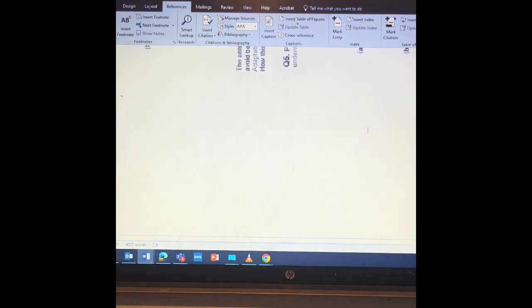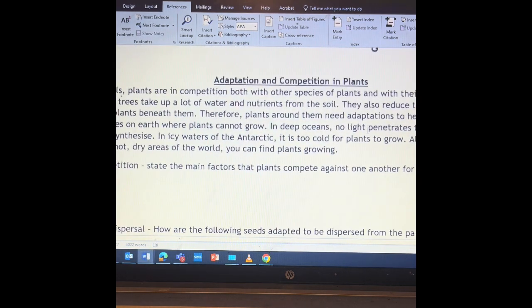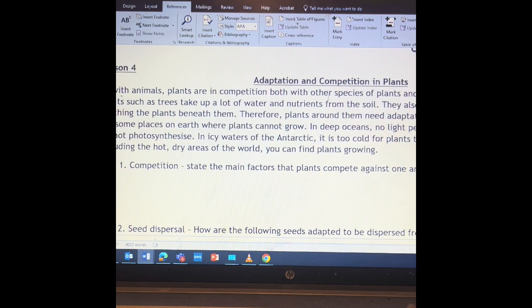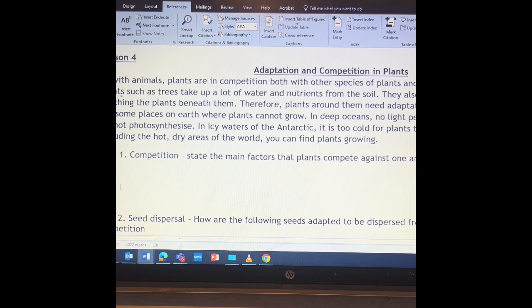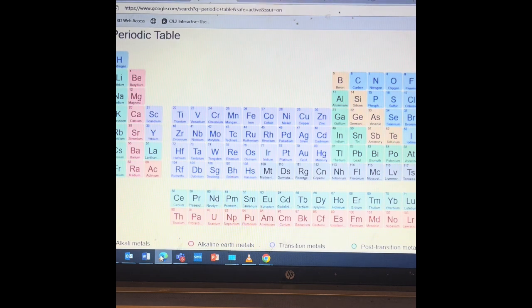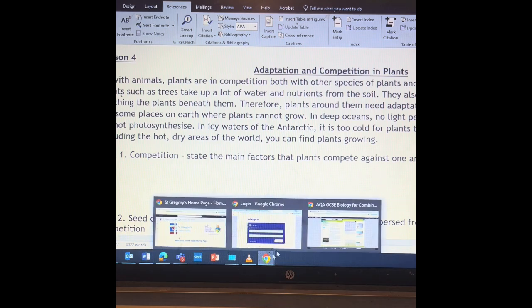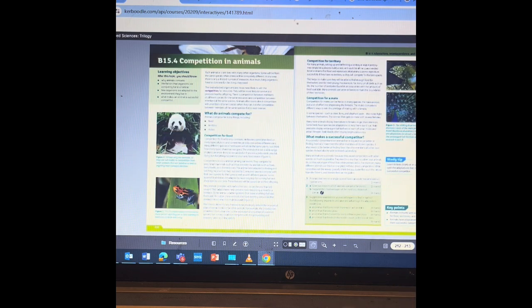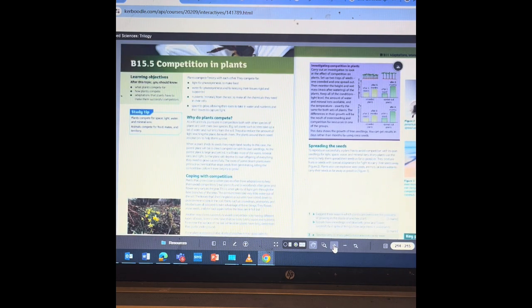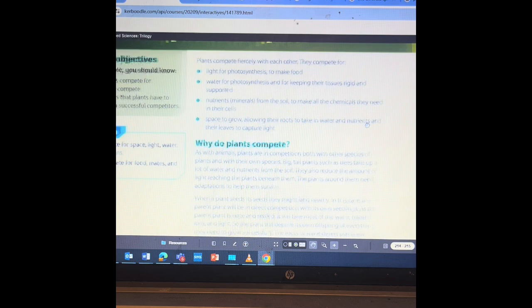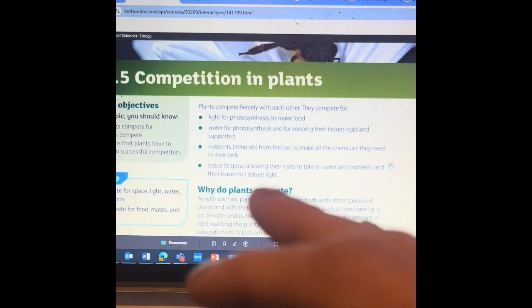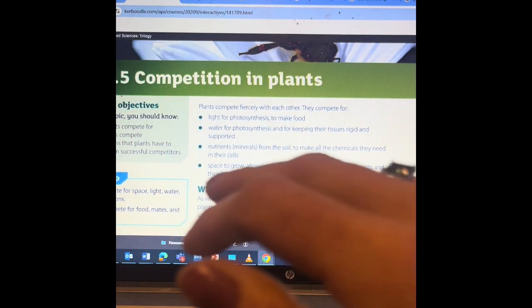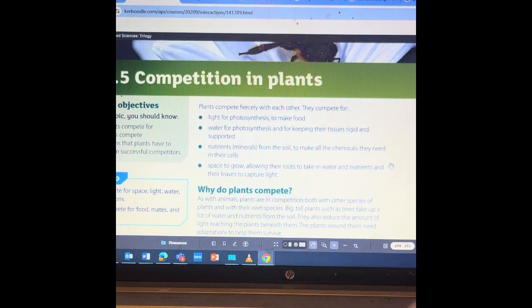Okay, coming down to this next part, adaptation and competition in plants. The main things that they compete for are not the same as animals. A massive one is space. There are examples in nature, and this is grim, where trees release toxins in their roots to destroy any of their own seeds that are trying to grow.